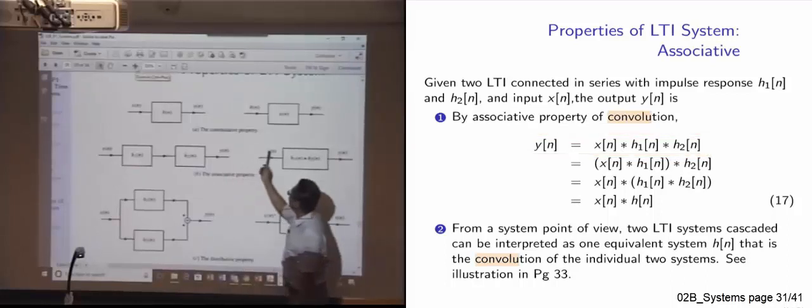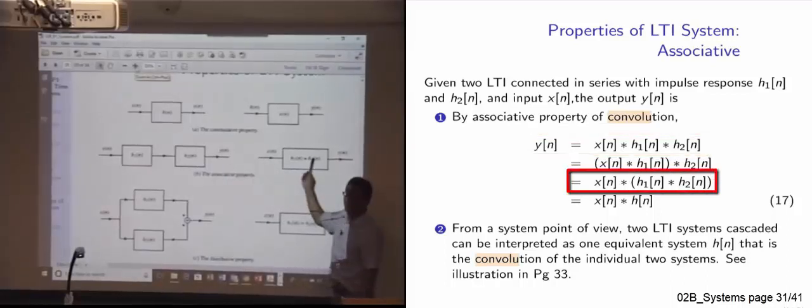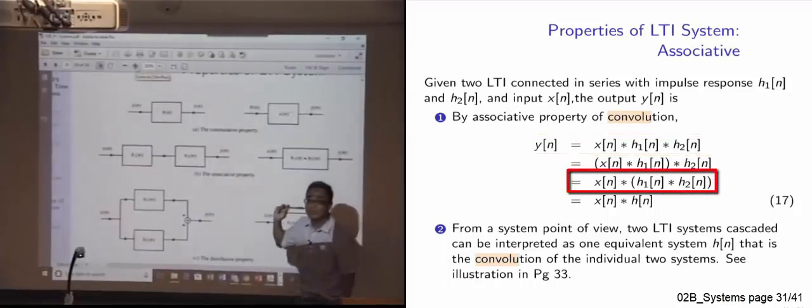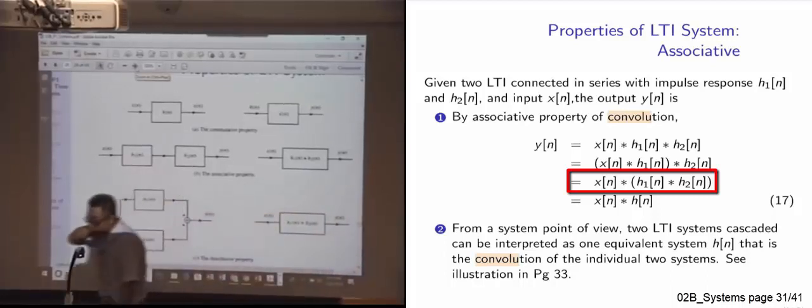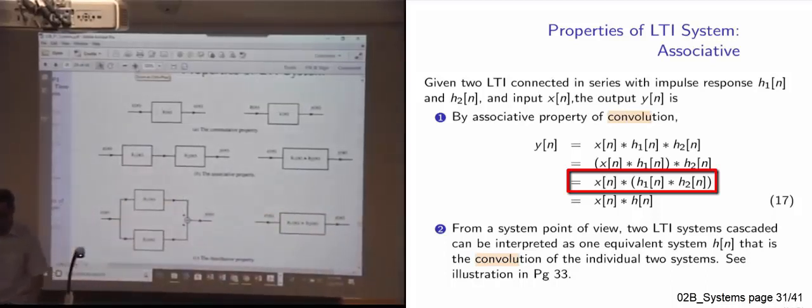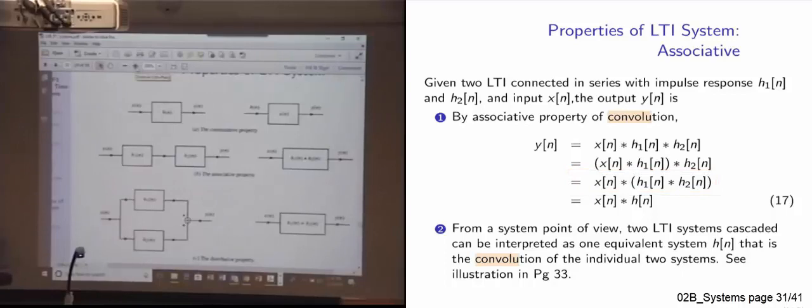It's the same as x convolved with h1 convolved with h2. Can you see? This property is called the associative property. Associative means 1 plus 2 plus 3: whether you do 1 plus 2 first or 2 plus 3 first, doesn't matter. The brackets don't matter, you can shift them around. So it's commutative and associative.